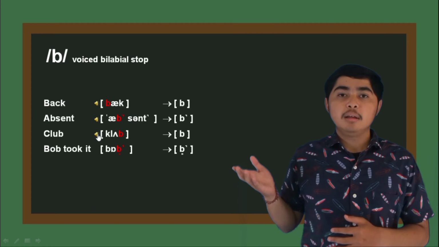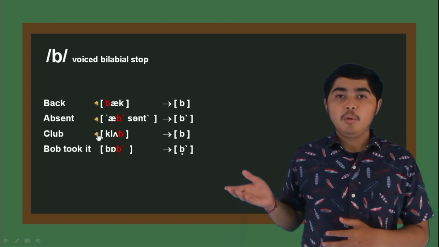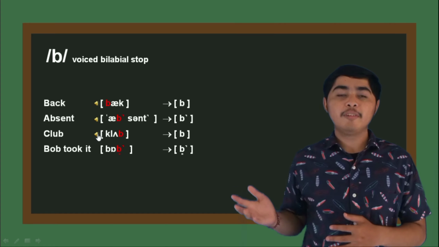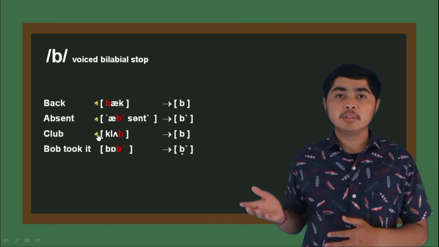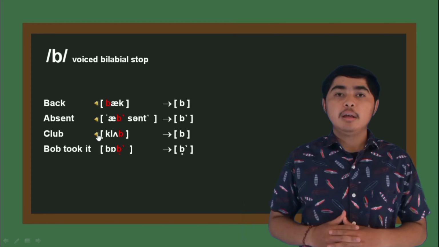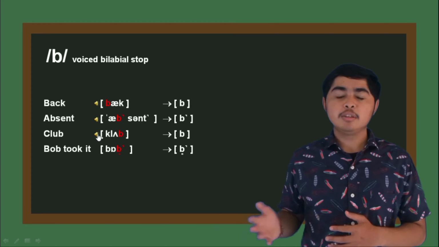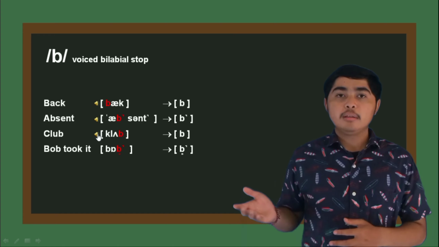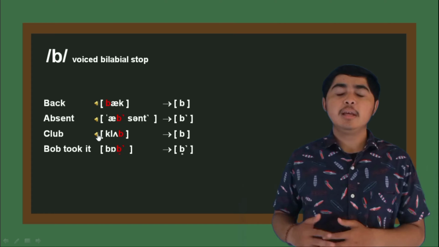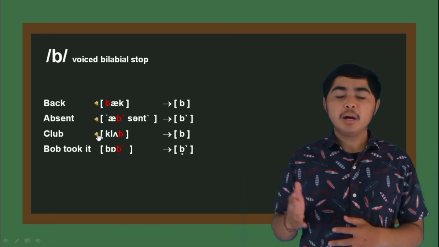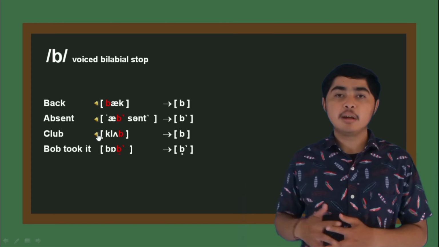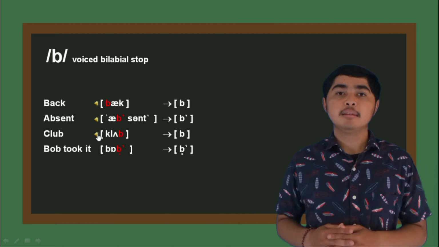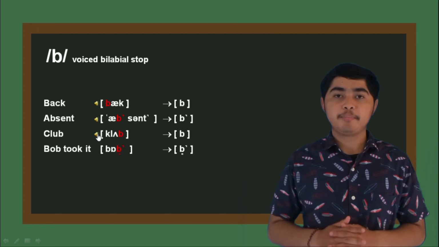And then in club, it appears in word final position and is pronounced as the basic b. And the last one, bad toket, appears in word final position, but before a voiceless consonant it becomes devoiced and unreleased.